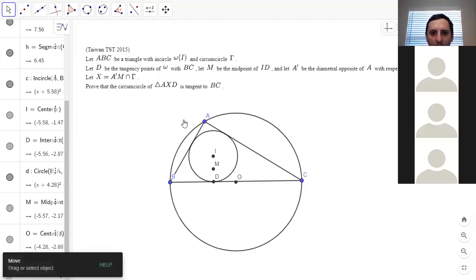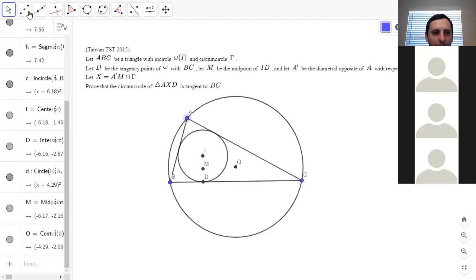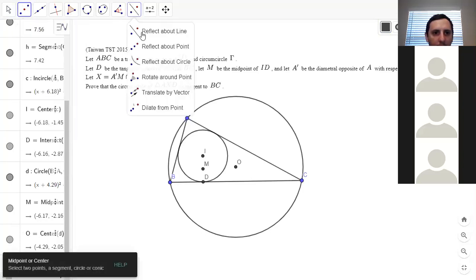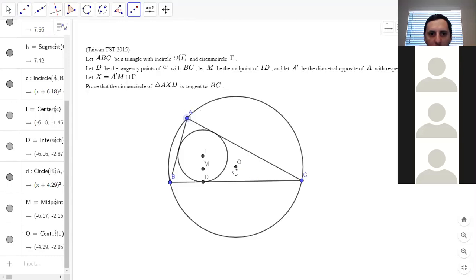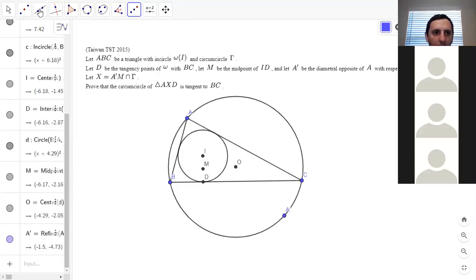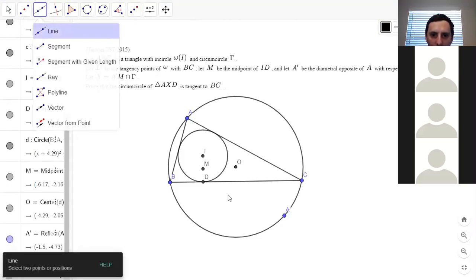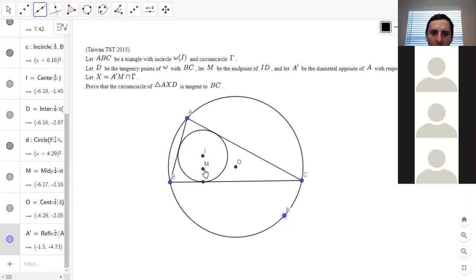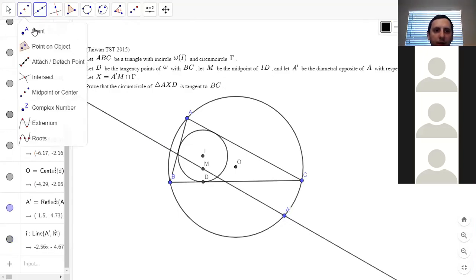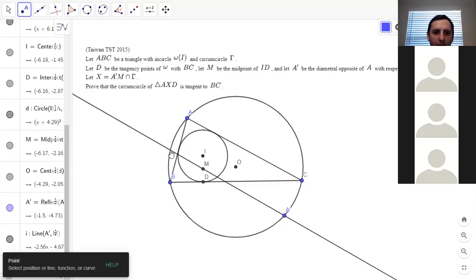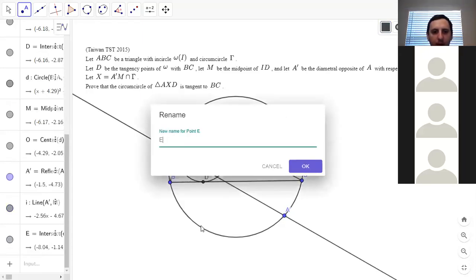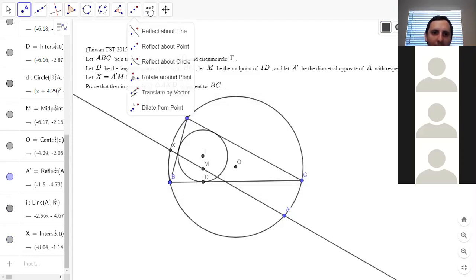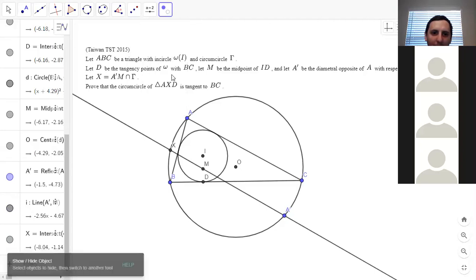A prime is the antipode of A. And X is AM intersect the circle. And we want to show the circumcircle of AXD is tangent to BC. Do any of you guys remember doing this problem before?